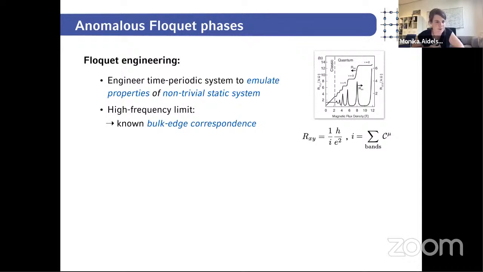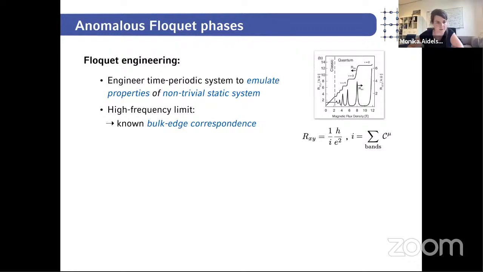Now, if we go away from this limit, the situation becomes much more complex, because now we don't have this nice separation of energy scales, which allows us to take omega to infinity. In this case, it can be on the order of the tunnel coupling, for example. So we have to be more careful about analyzing the properties of the system.